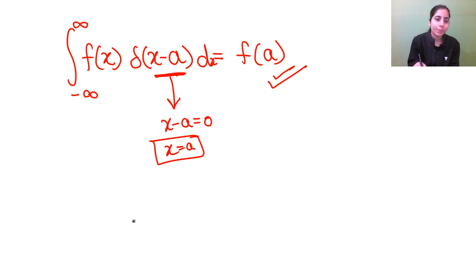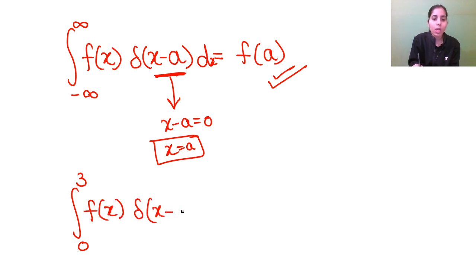For example, the integration limits can be from minus infinity to plus infinity, but if I take it from, let's say, 0 to 3, and here is some function g(x), and I write delta(x minus 4), please let me know, if you know the rule, what value you will get for this second integration question.